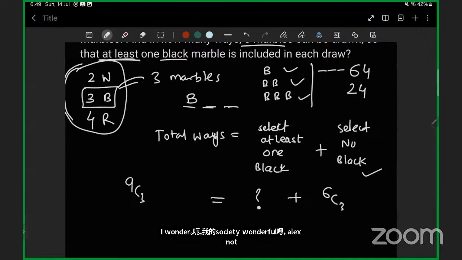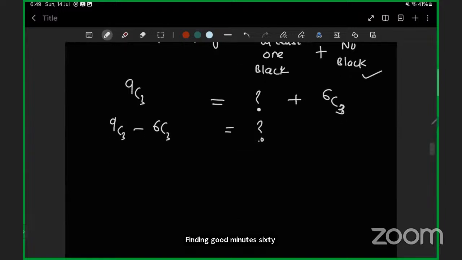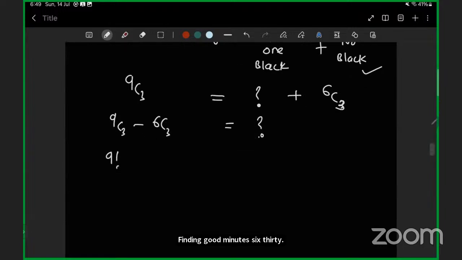From that I'll select three marbles, so 6C3. To find this, I need to do 9C3 minus 6C3. That is 9 factorial divided by 6 factorial into 3 factorial, minus 6 factorial divided by 3 factorial into 3 factorial.